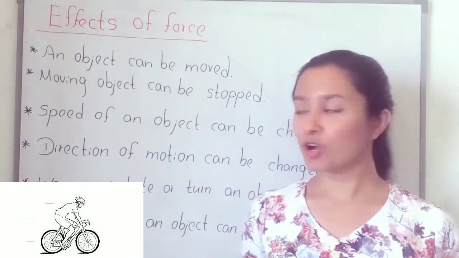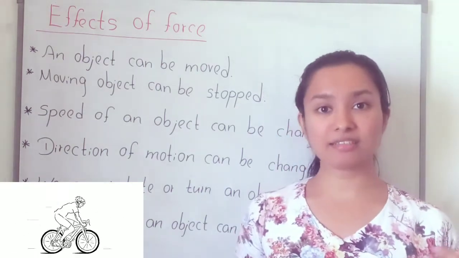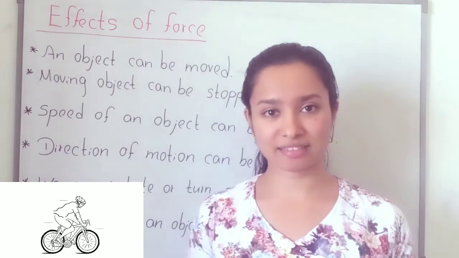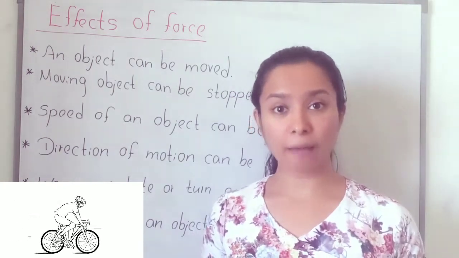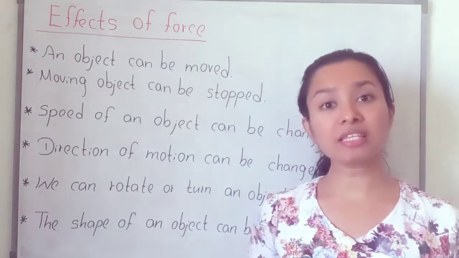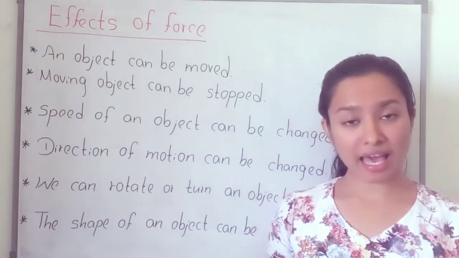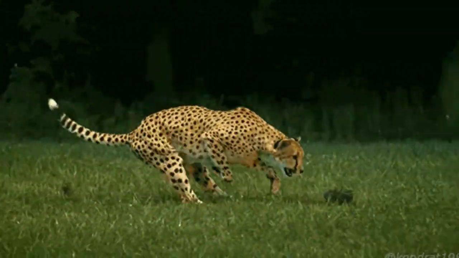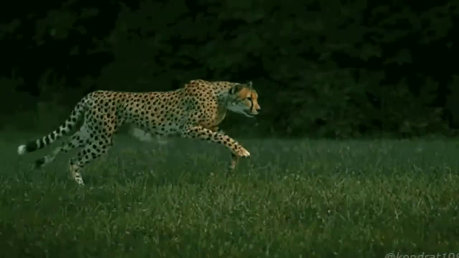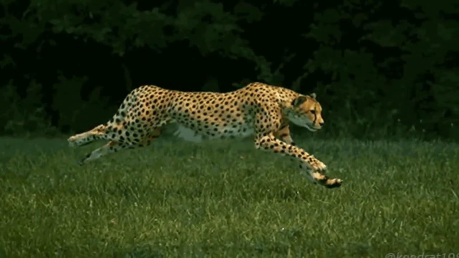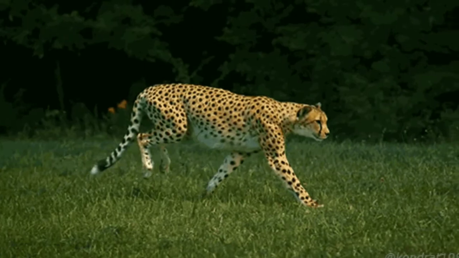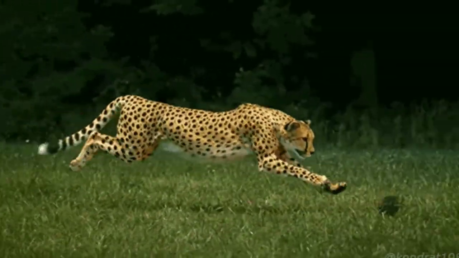And also, you can decrease the speed by applying brakes. That means we apply force. Think about animals. Animals increase the speed of their running by applying more force to their limbs, and they can decrease the speed by decreasing the force.